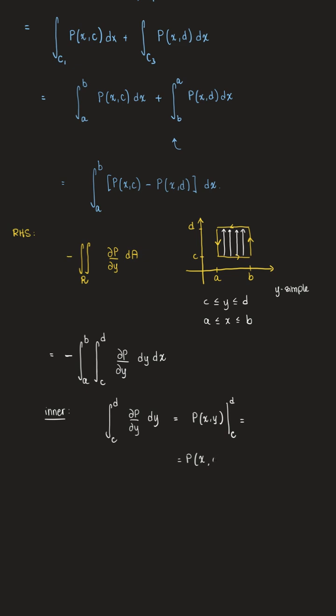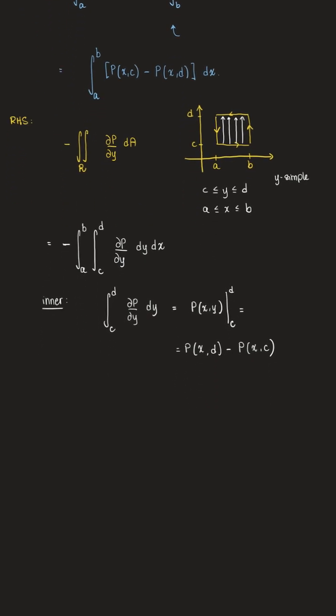Applying the fundamental theorem here, we plug in d first and then subtract what we get when we plug in c. All right, that is the result of our inside integral.